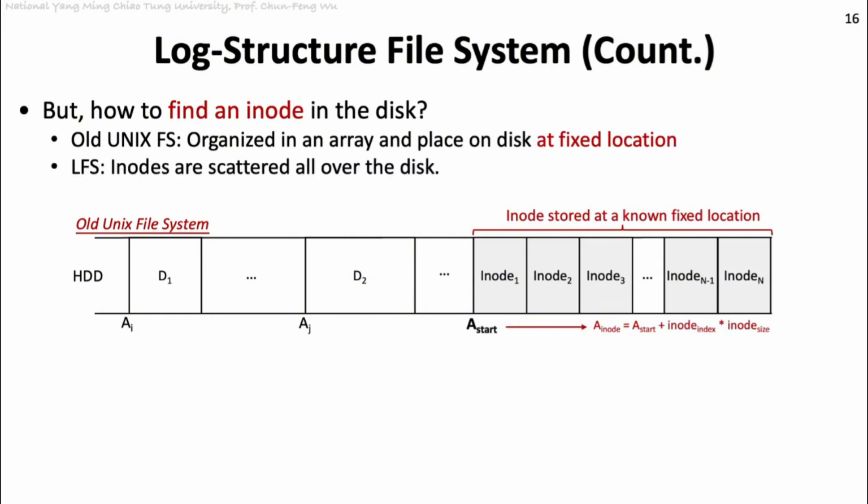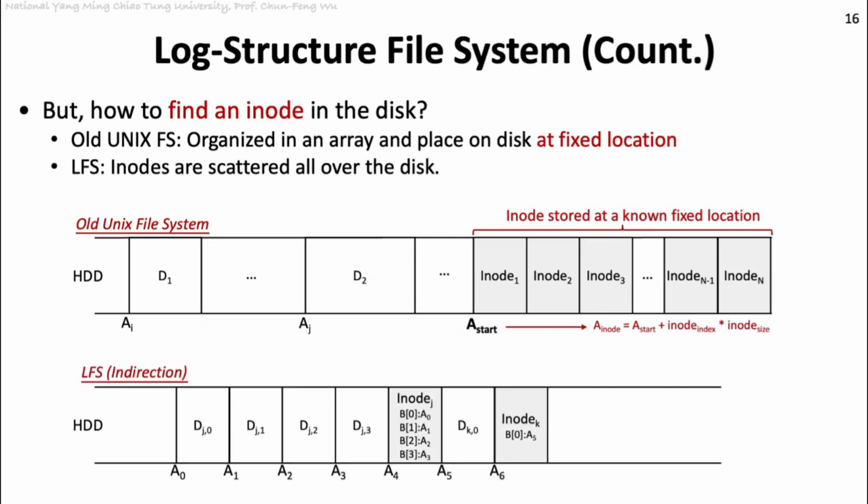Okay. So consider this scenario. If we are using this kind of log-structured file system, like here, we actually put the inode close to the data, or even make the data and the inode stored contiguously.